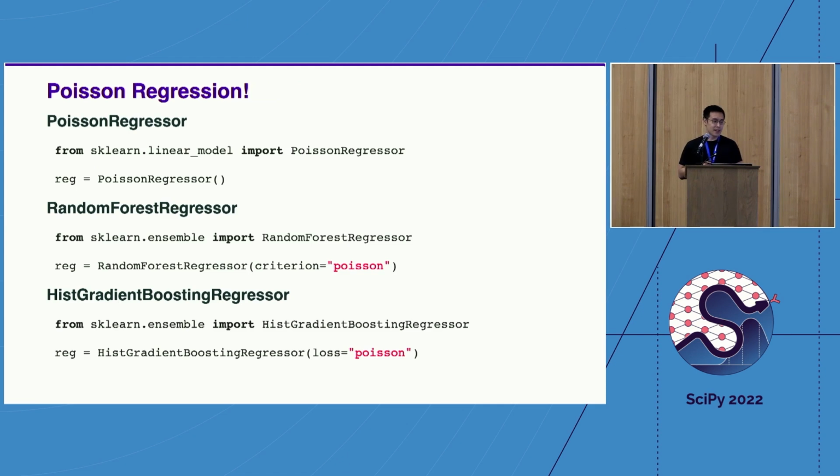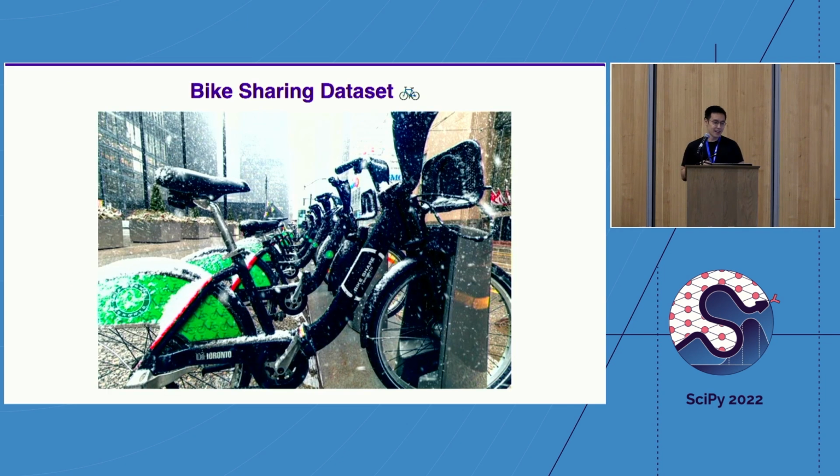So it's nice to have a concrete data set to look at while doing machine learning. So I'm going to focus on this bike sharing data set. It's where the target is the number of bike shares for each hour. And this is a data set with 2 years of data, and it looks something like this.